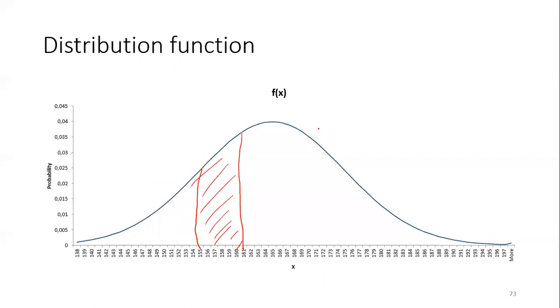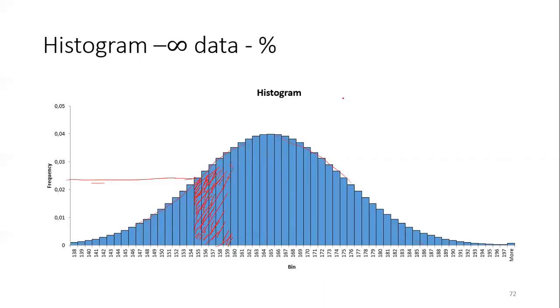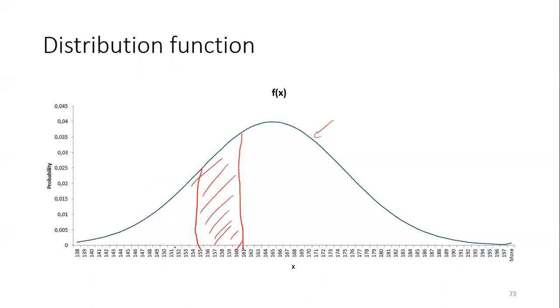So in fact, a distribution function is nothing but a histogram with very, very thin bins. Here the interval is 1 centimeter. If the interval becomes very, very thin, say 0.001 millimeters, then you approximately have the probability distribution function. Okay, so let's stop here and we will continue in the next video.